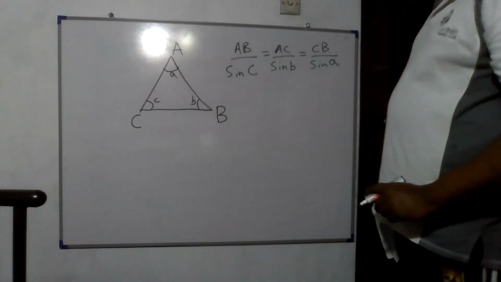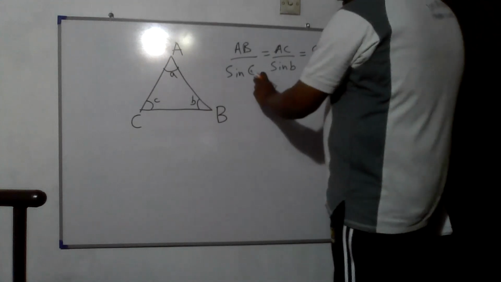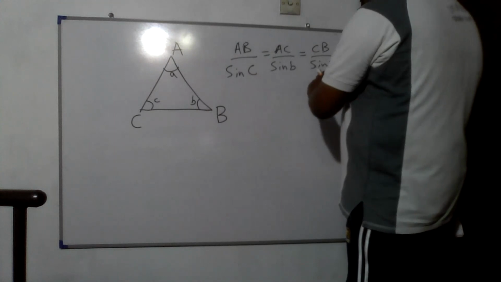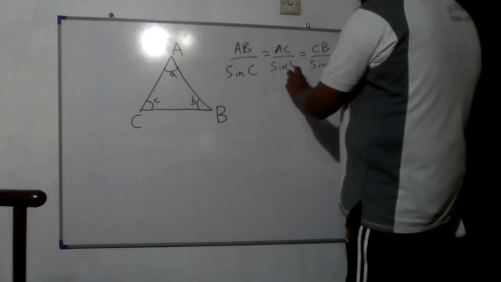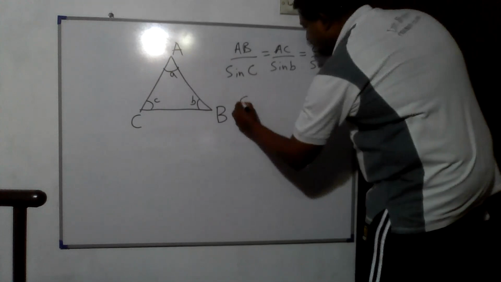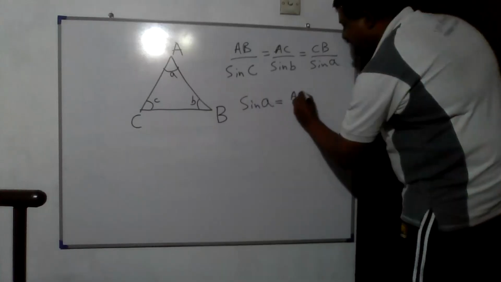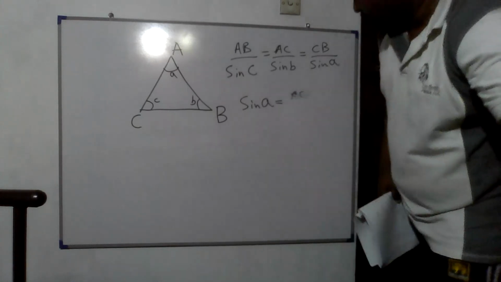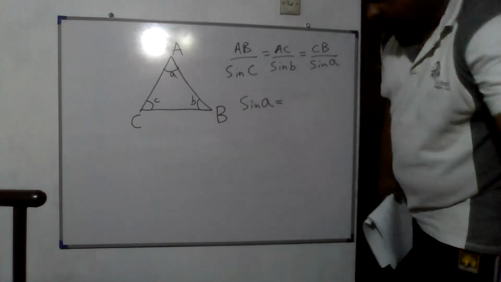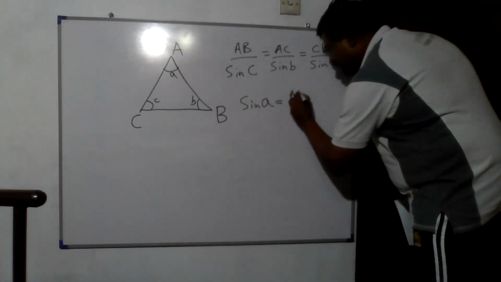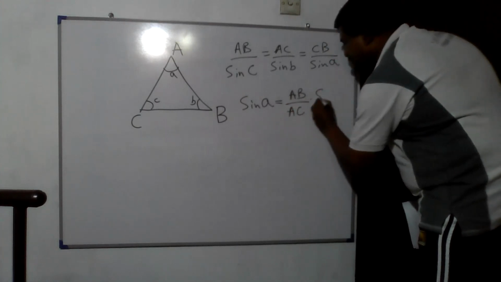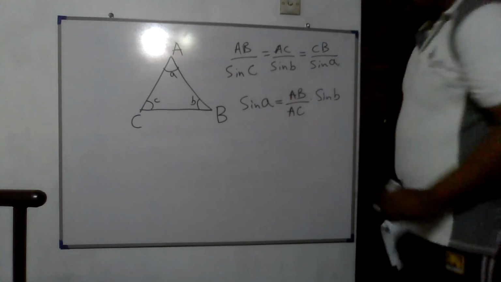Now, in case you want to find sine A with respect to sine B, you can simply find sine A equals AB over AC into sine B. Okay.